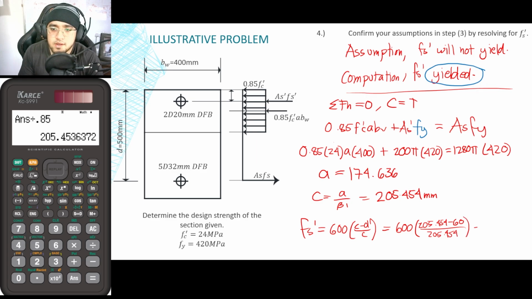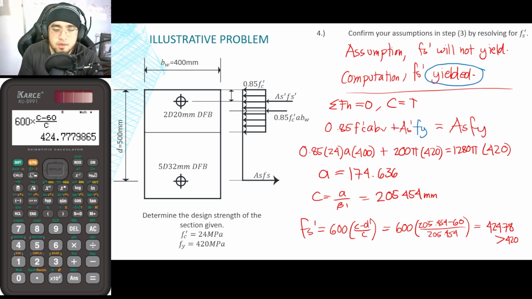Solving for it, let me just store my value of C. Shift, store to C. Okay, so from that, guys, 600 times (C minus d prime of 60) divided by alpha C is now equal to 424.78. And once again, as you can see, that is actually greater than 420.